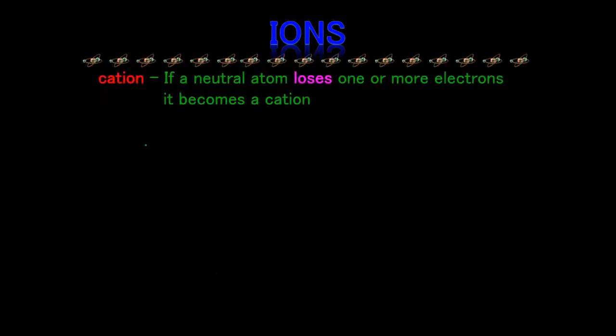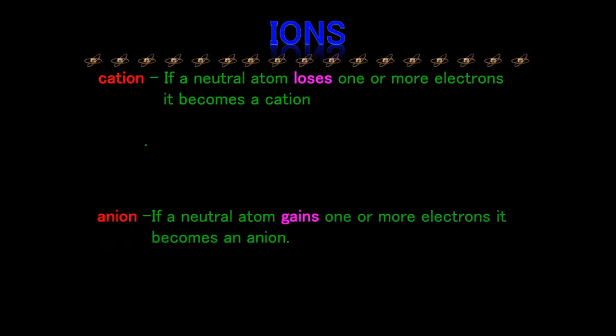Now, there are 2 kinds of ions: the cation and the anion. When an atom loses 1 or more electrons, it becomes what we call a cation. And when an atom gains 1 or more electrons, it becomes what we call an anion. As an analogy, you can think of it like this: cutting off electrons, you become a cation.